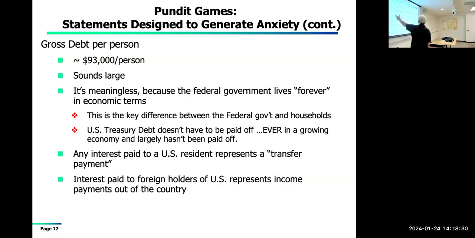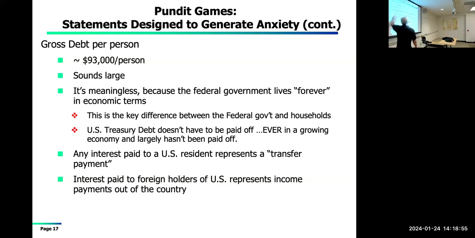No, it sounds large. It's used to scare people, and it's meaningless because of the following assumption. We don't get to live forever. The federal government does. The assumption is it's going to live in perpetuity.